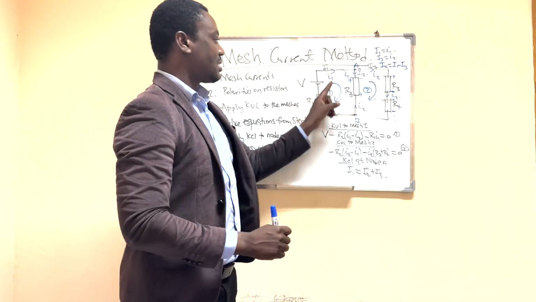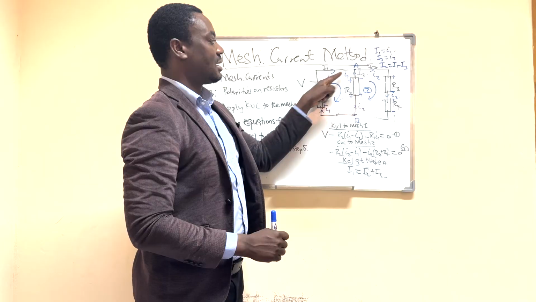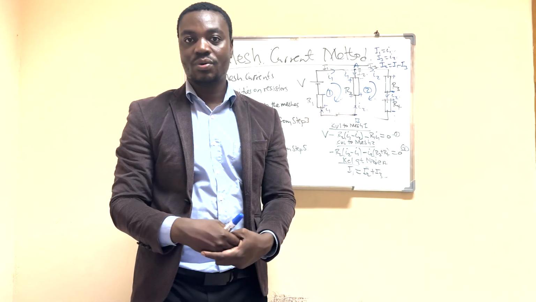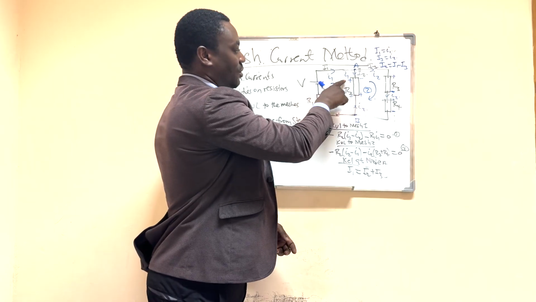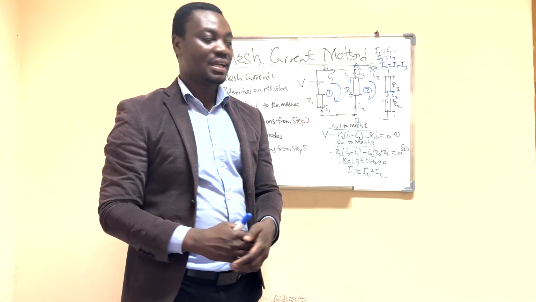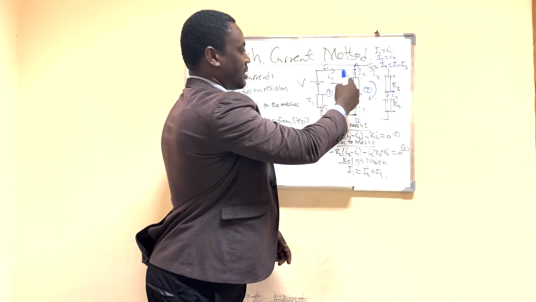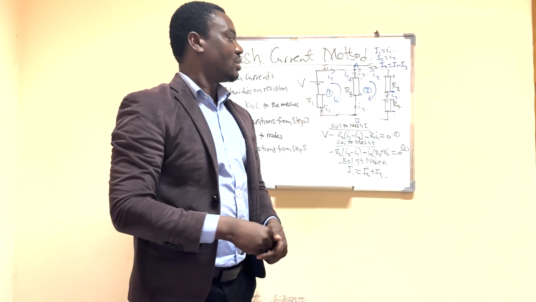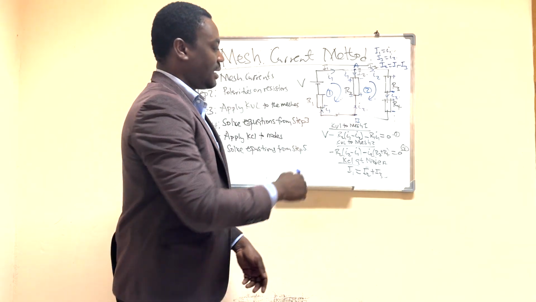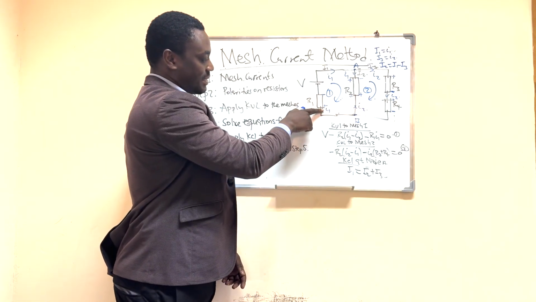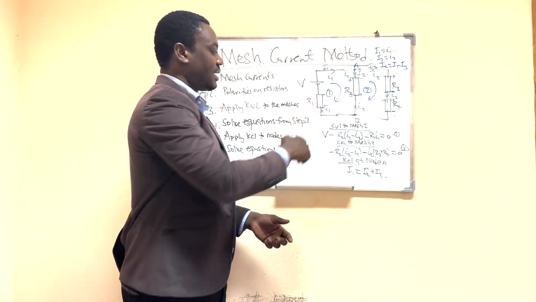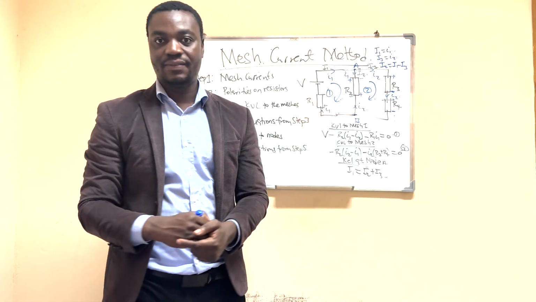I'm making sure all the mesh currents are going in this direction, clockwise. Now we indicate the polarities on the resistors based on the direction of the current. Mesh current 1 is going down, so we have plus, minus, where the current leaves we get negative. Then we come here, the current enters the first terminal of R1, so we get plus. When the current leaves, we get negative.